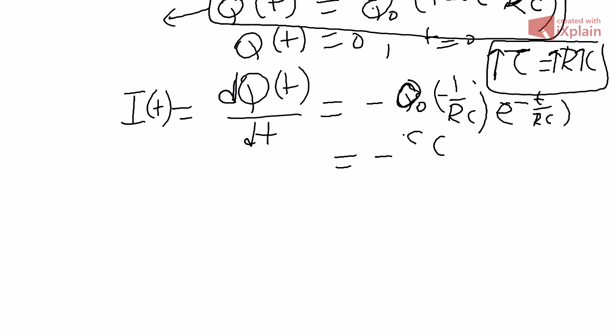So here we can write E naught C over minus 1 over RC, e power minus t over RC.